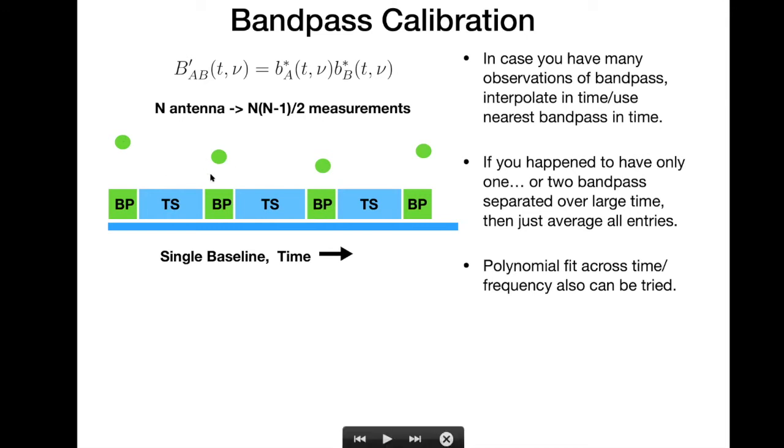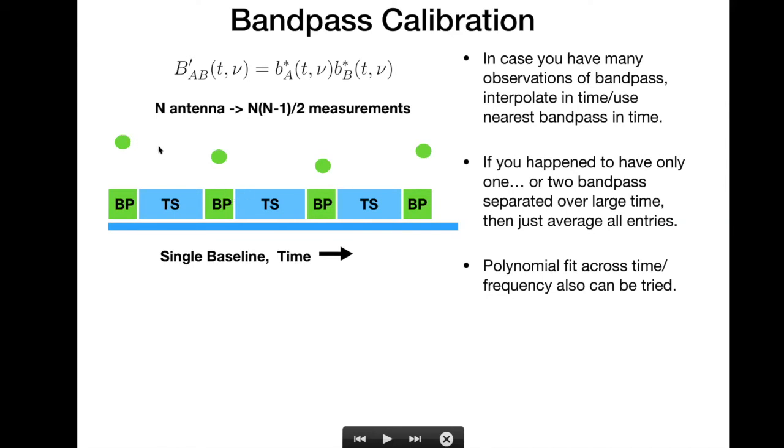If I have instead, say, not observed these two bandpass in between, and I have only the first and the last, which is the case if you use your Pascal for the bandpass, then you can either average over these two, the bandpass solution at the beginning and at the end. That is, you are assuming a linear fit.